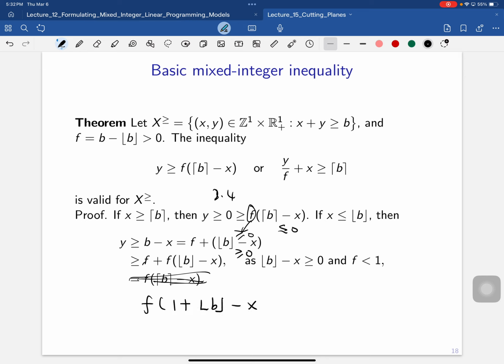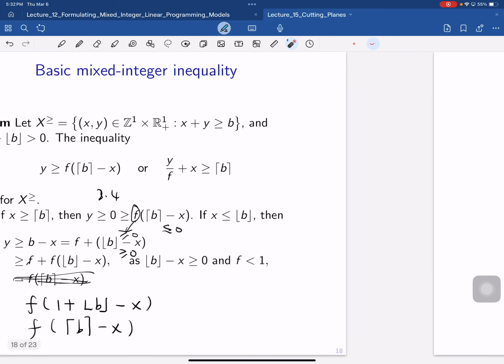Then 1 plus the floor of B is the ceiling of B, so you get f times the ceiling of B minus x. That's the result. Is that clear? Just because you take the f out. So there is an f, then this part should be clear, and 1 plus the floor is the ceiling. Okay.